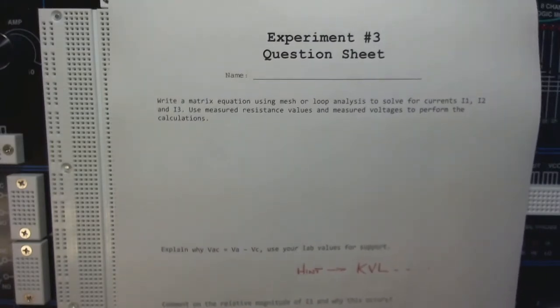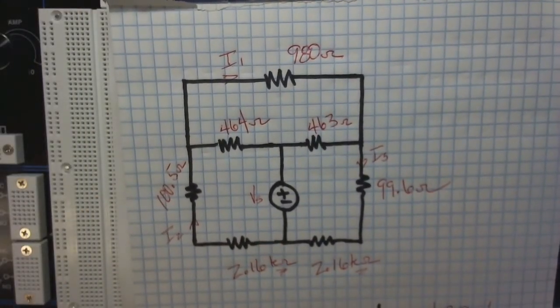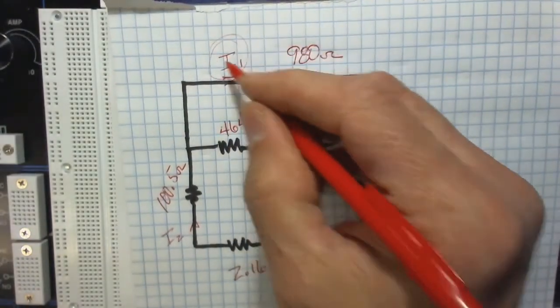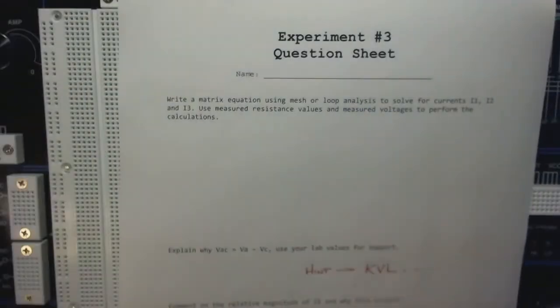So then, with our lab questions, write a matrix equation using mesh or loop analysis to solve for currents I1, I2, and I3. Use the measured resistance values. So we're going to come back here, use these measured resistance values, and you should then come very close to your calculations for I1, I2, and I3.